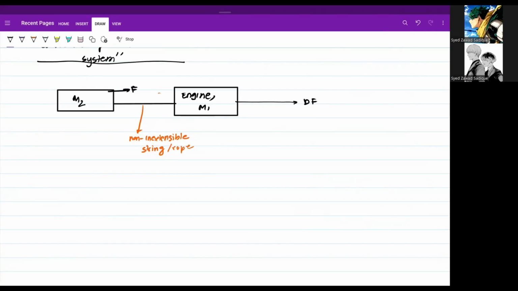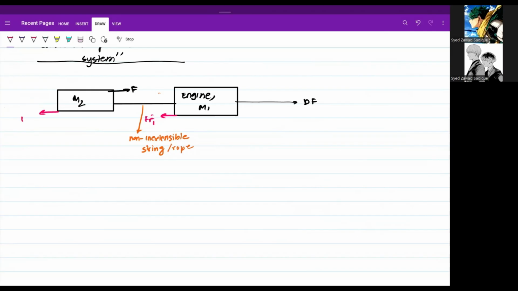If we consider there to be friction, then the engine will have FR1 and the mass will have FR2. There are so many denotations in this topic.